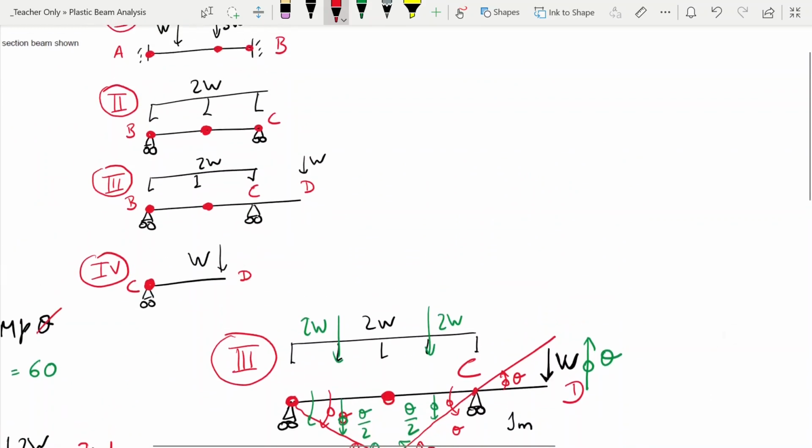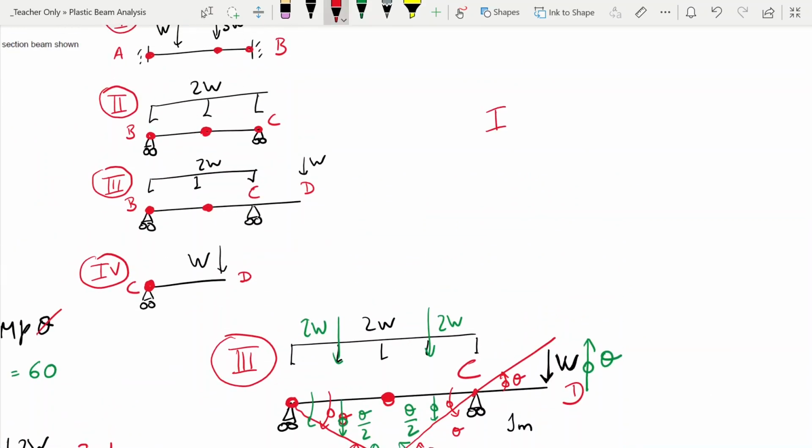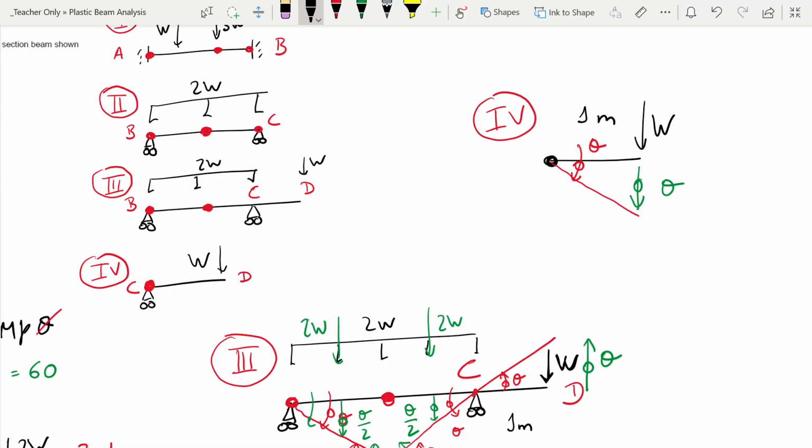Now let's do the fourth collapse mechanism here, because this is a very simple one. In this case, it's just a bar with a hinge on the left side. So we're going to have a certain rotation theta, which means this displacement here is going to be equal to theta. And remember that this bar is 1 meter long. So underneath the load W, we will have theta.